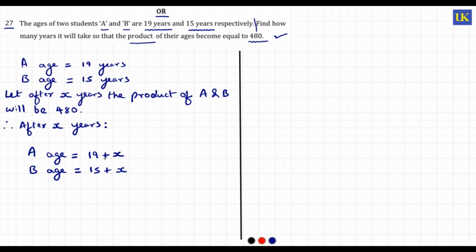That is why I have taken X. That is what we have to find out.